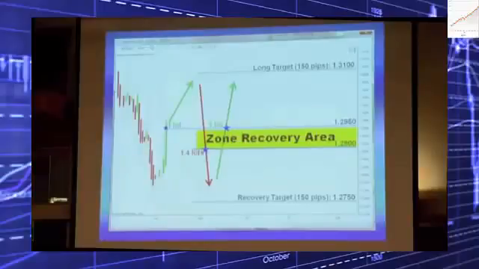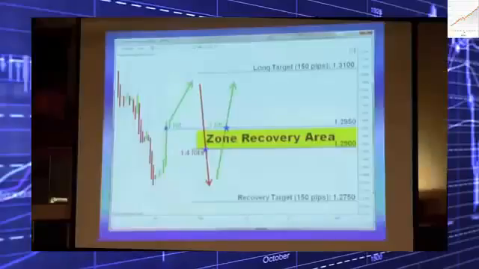So that's my zone recovery area. The way the zone recovery algorithm works is that it places long trades on the upper boundary and short trades on the lower or bottom boundary. So if I don't hit this target and the market reverses and heads back, then I will place another trade down here at 1.4 lots.